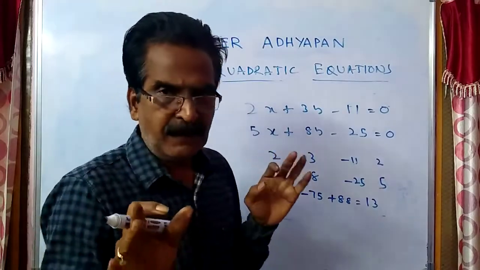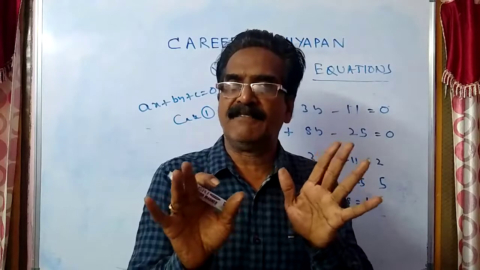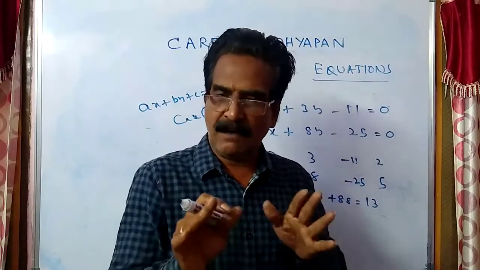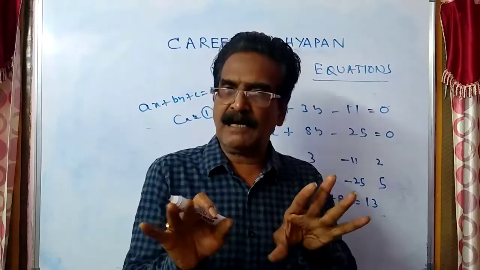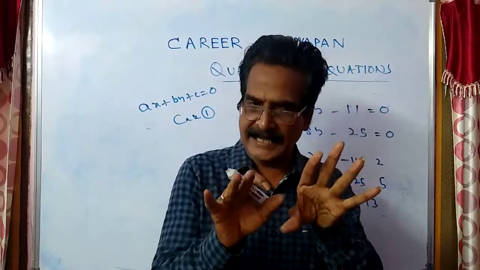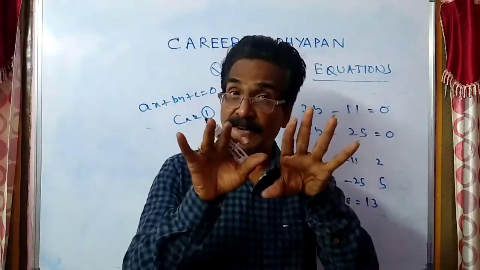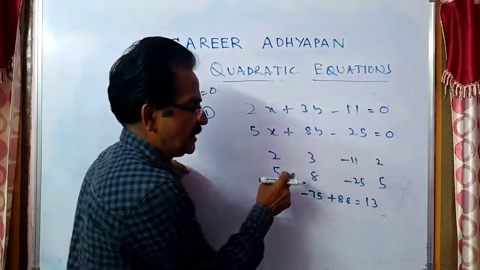Here we need not find the exact values of x and y. This 13 is not the exact value of x. We need not find the values of x and y. We just have to decide the relation between x and y. For that purpose, just do like this.